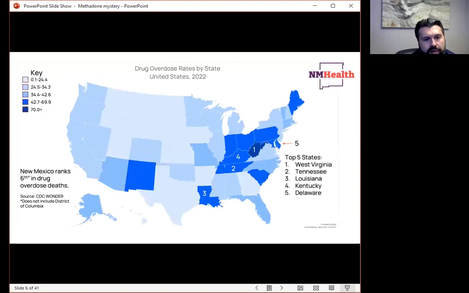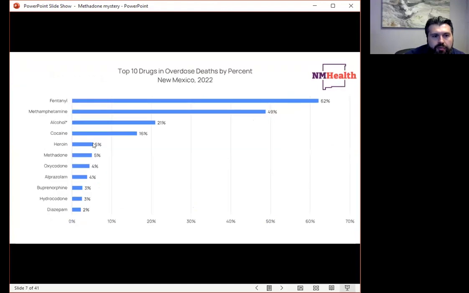I think everybody's well aware of this, but this is the most up-to-date data from New Mexico Health. And I think the pertinent piece here is that New Mexico ranks number 6 in overdose death rates in the United States. The primary driver for this, of course, has been synthetic opioids, particularly fentanyl has led that charge.